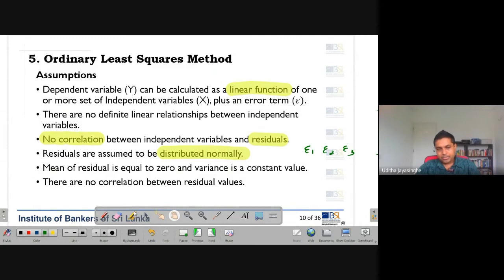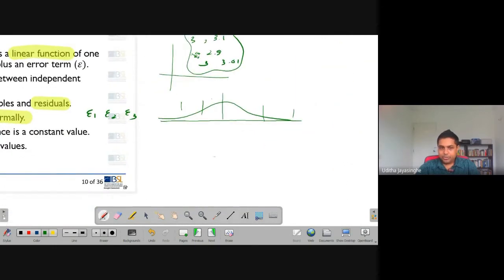What do you mean by the mean of these errors being 0? There can be positive and negative errors. You take y minus y hat; this one is going to be a positive value, and this one is going to be a negative.